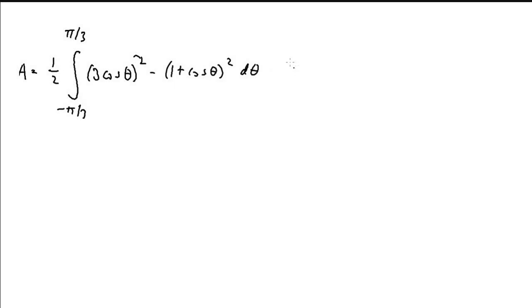I'm going to start by squaring both of these. 3 cosine theta squared is 9 cosine squared of theta. And if I FOIL 1 plus cosine theta, I'll get 1 squared, which is 1, plus 2 cosine theta, plus cosine squared of theta.